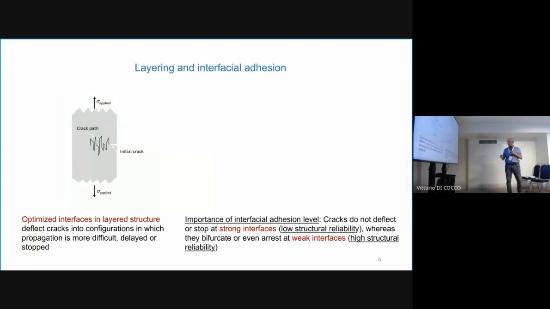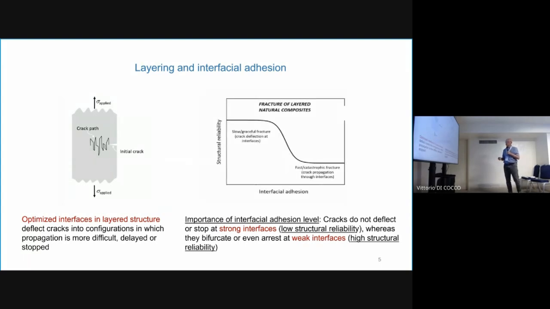If you look at the connection between the reliability of the structure and adhesion at the interface, it goes like this. When you have high interfacial adhesion, an interface here is very strong, okay, high adhesion.